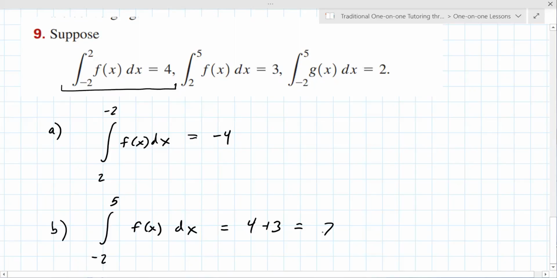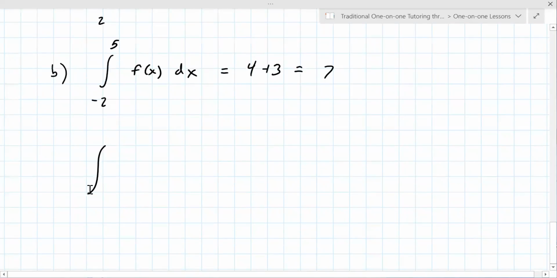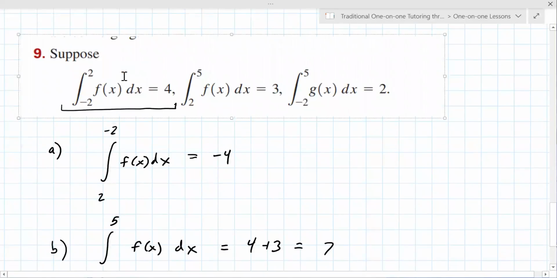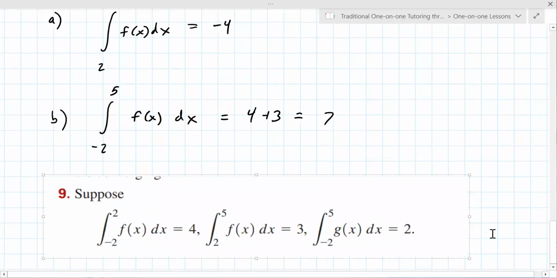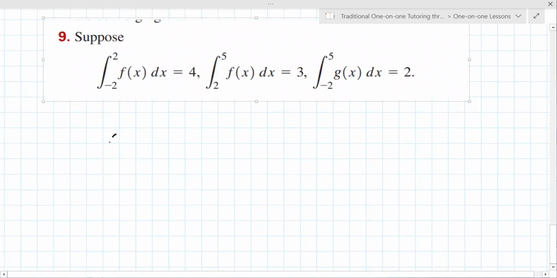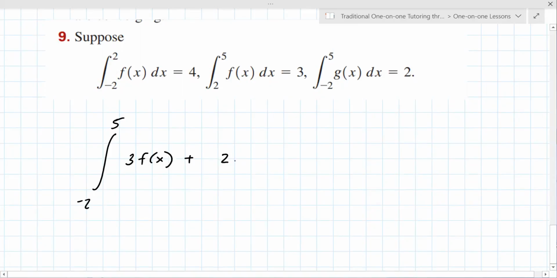And then they might ask you what is, and I'll copy those down again, the integral from -2 to 5 of 3 f of x plus 2 dx. This is where maybe there's something new. That would be 7 times 3, 21 plus 2, 23.